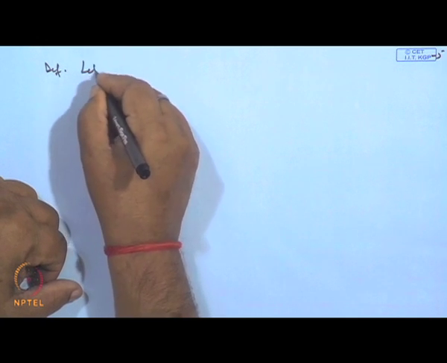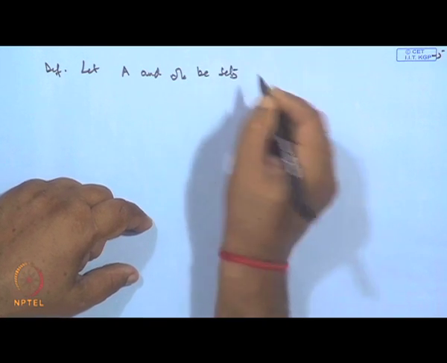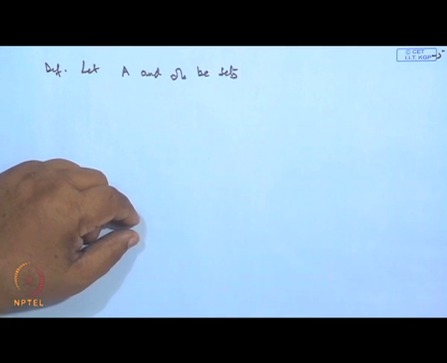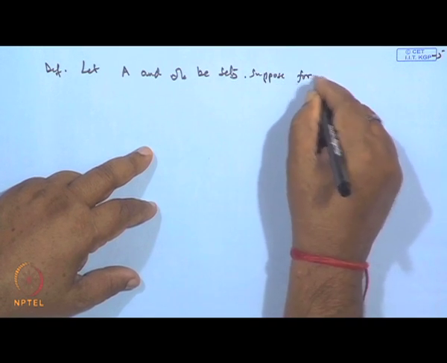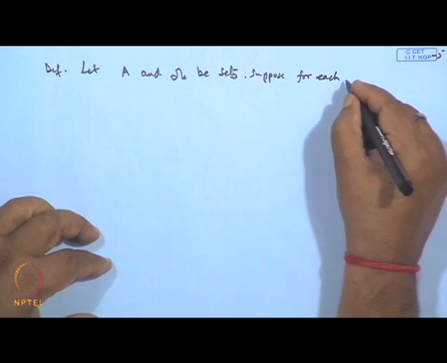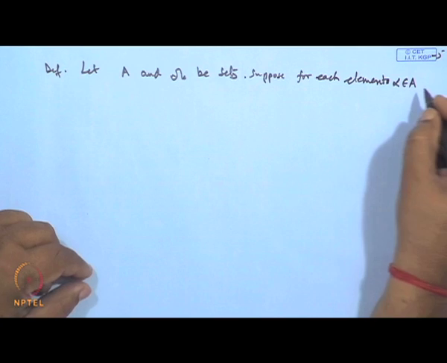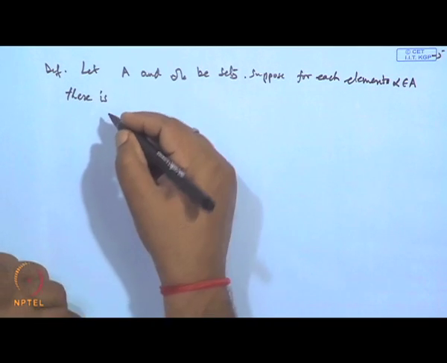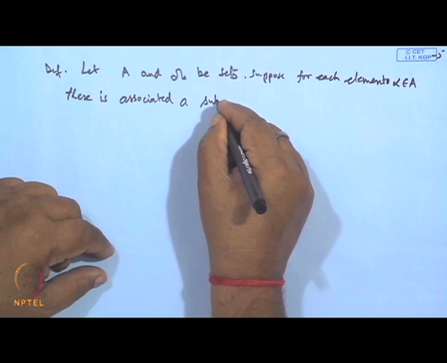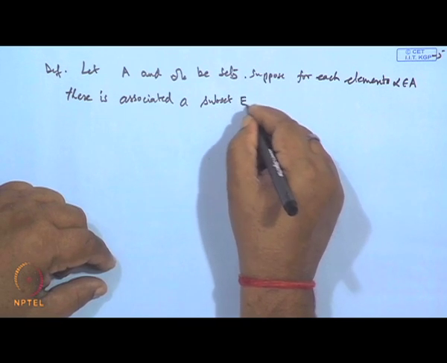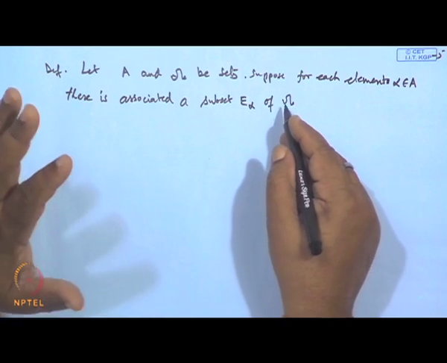Let A and omega be sets, and suppose with each element alpha of A there is associated a subset of omega, denoted by E_alpha.